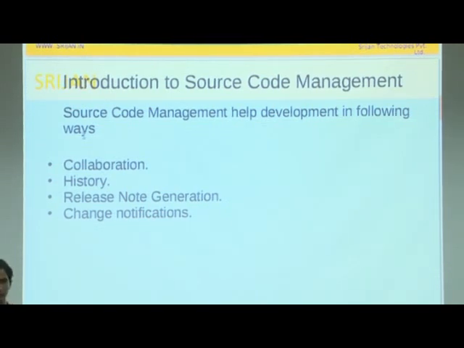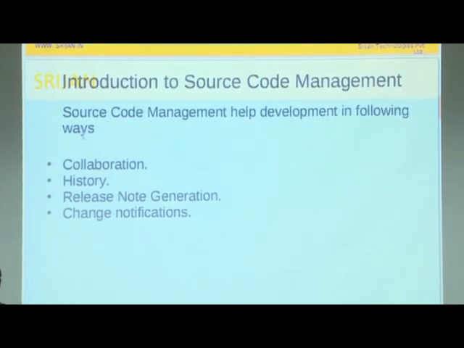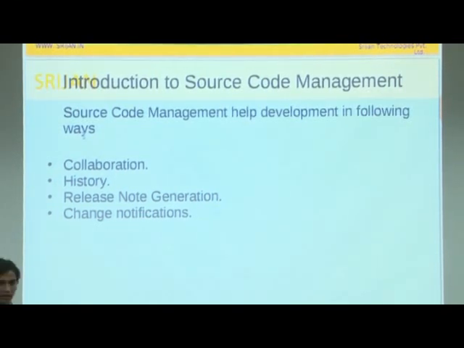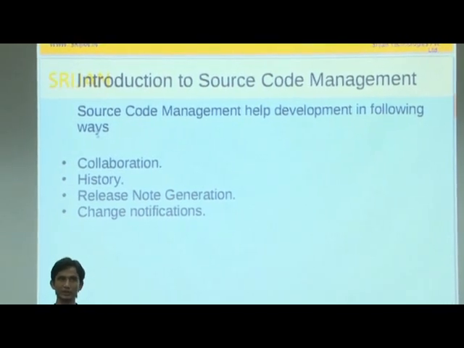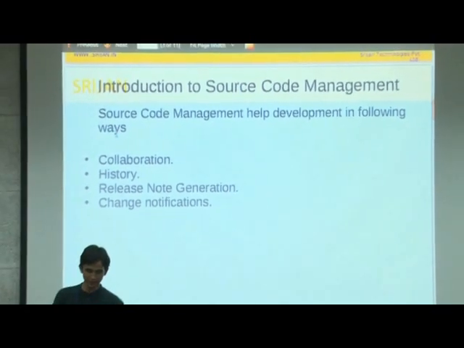This is the second thing source code management software is used for. Then there is release note generation, which is basically tagging and other things I will cover later. And change notification: suppose one developer does something, the other developer can easily be notified that he has committed so and so thing to this particular file, and can see the code committed by that person.